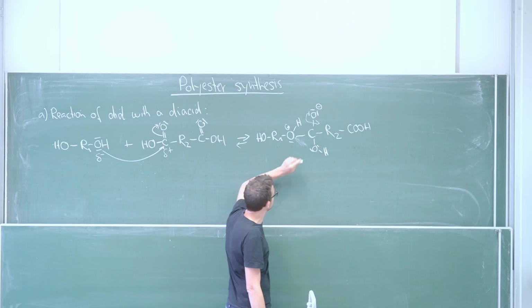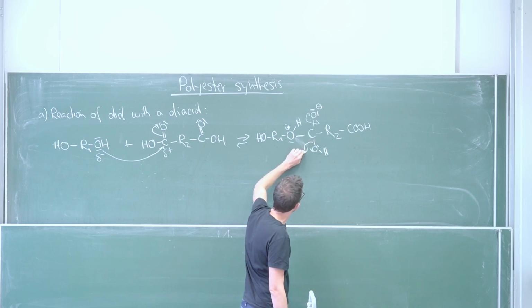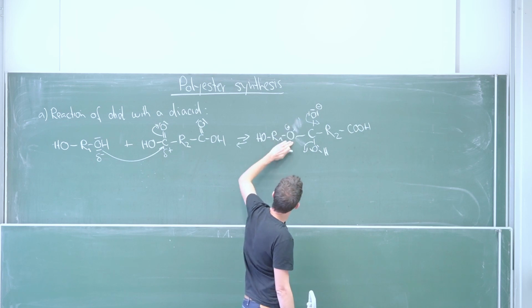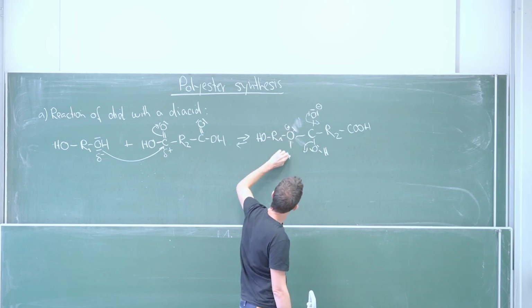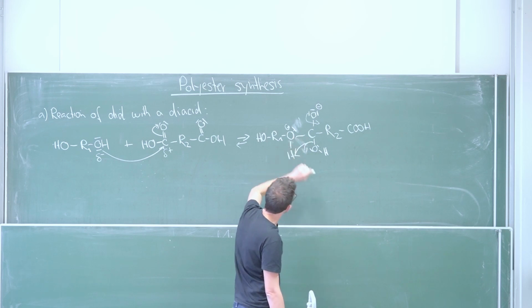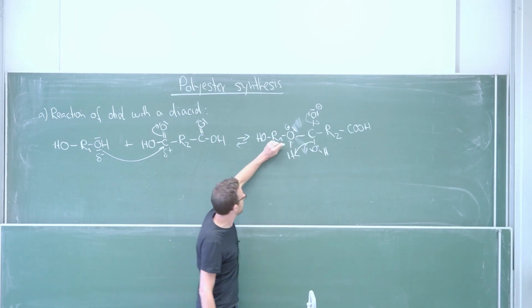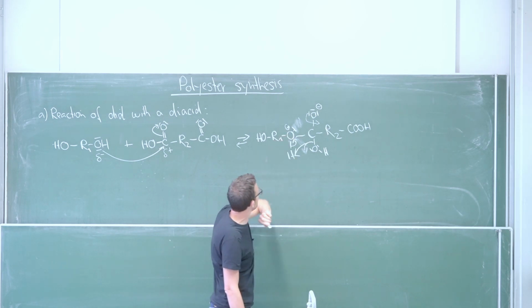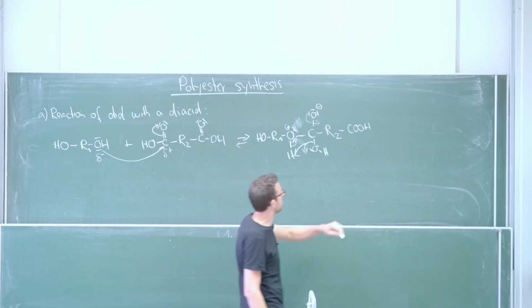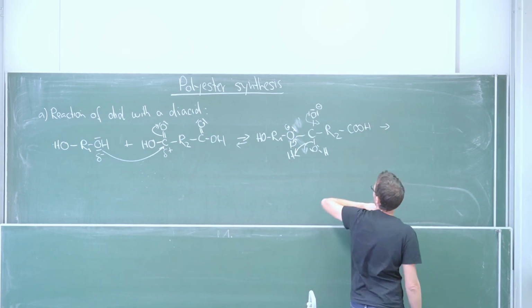If this happens, the OH can get out, and it can directly take the hydrogen with it, which makes space at this oxygen center here, and then we have the formation of an ester.